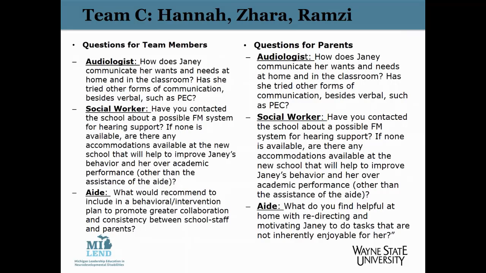So when thinking about possible treatment goals, what additional strategies can we use to promote better communication or develop better communication skills for Janie? Since she's using the iPad as a primary source of improving communication and she's still having these issues, are there other strategies that we can implement to have her communicate her needs effectively?